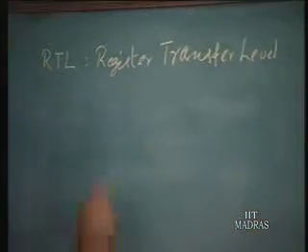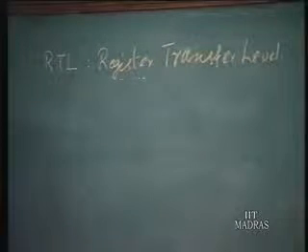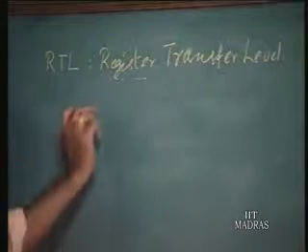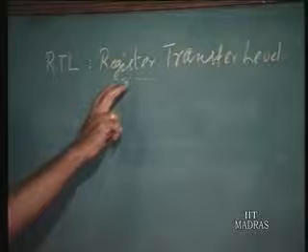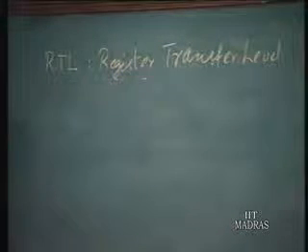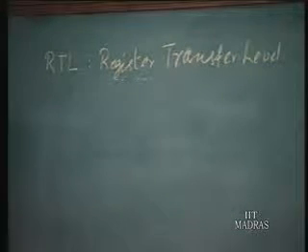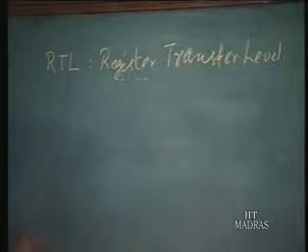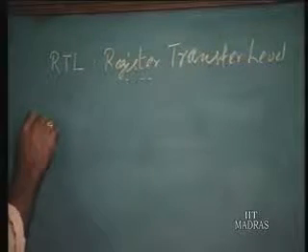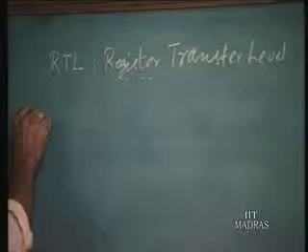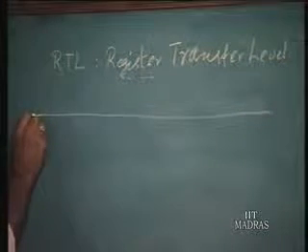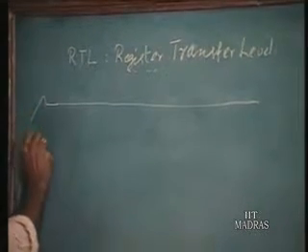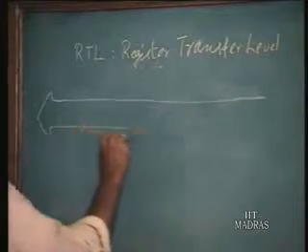And with reference to instruction fetch, I was giving you some idea about how the CPU and memory interact, and from that we saw what exactly we mean by register transfer level. Now maybe I will try to review that from the hardware point of view. I was just telling you conceptually what it was. Now we will take a look at the same thing from a slightly different perspective.